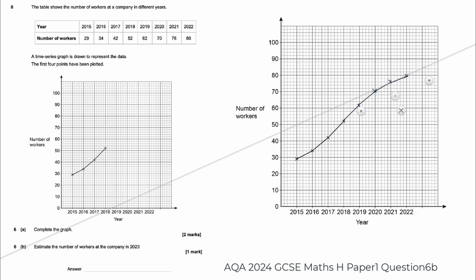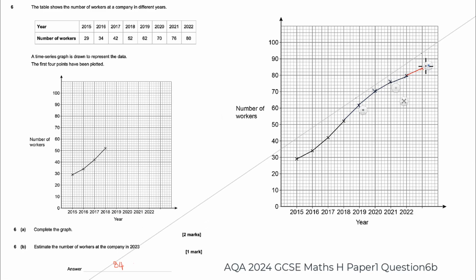We'll do this in red so we don't get confused with the previous ones. With that method of estimating, I'm producing an estimate of 80 with 2 squares above 80. That would be 84. So my estimate for the 2023 figures is 84.